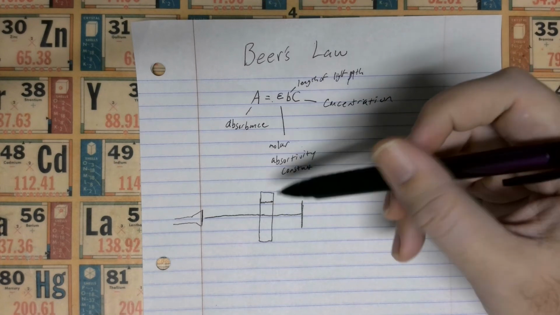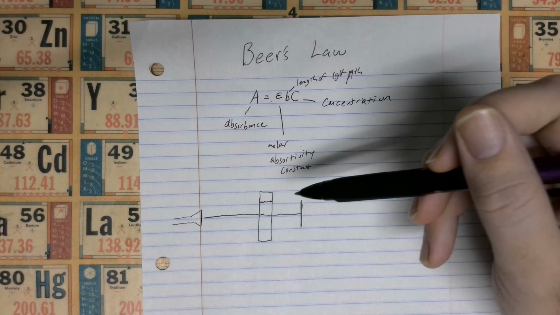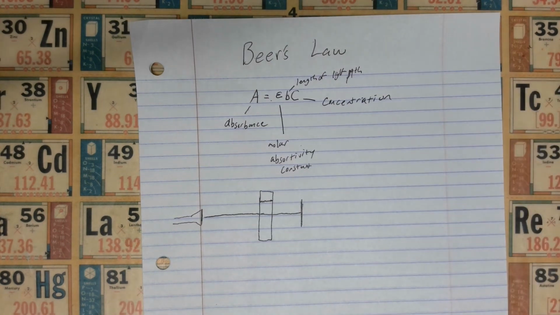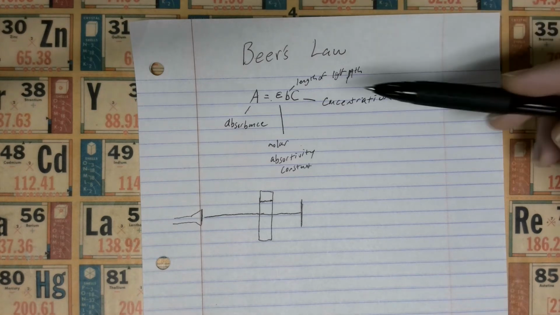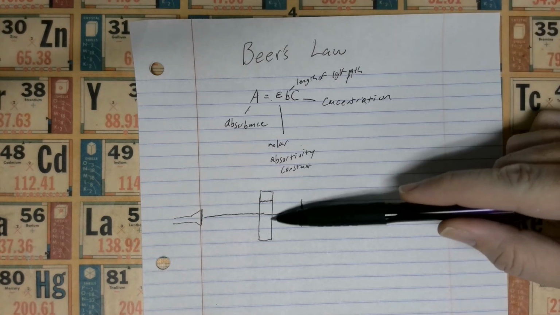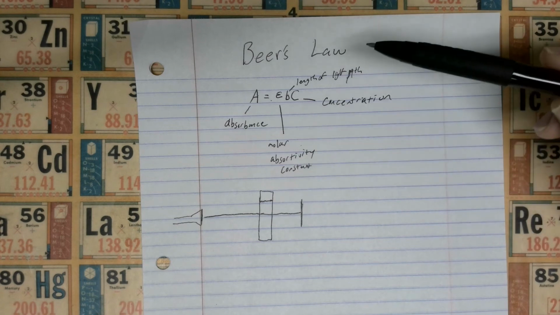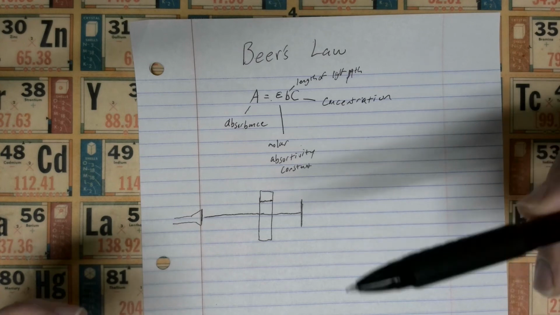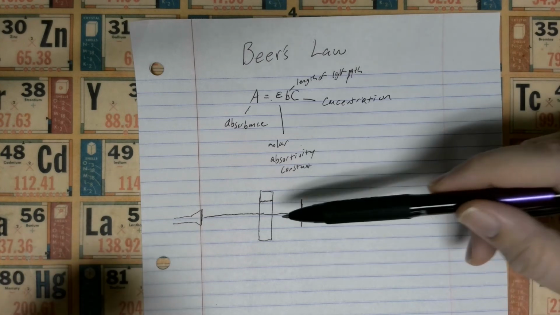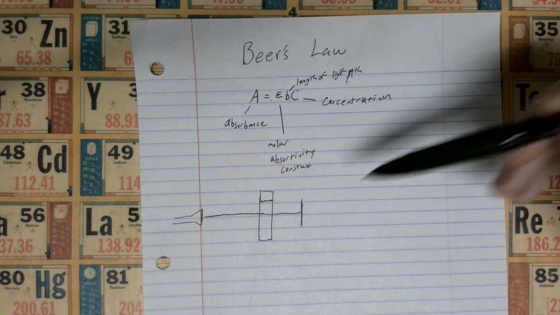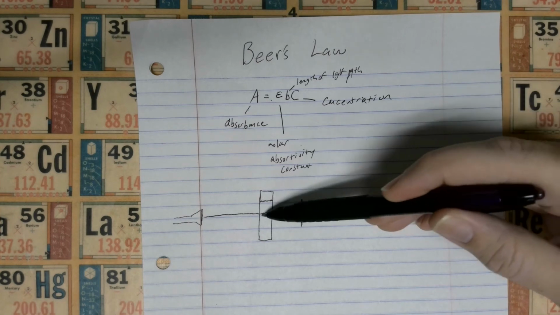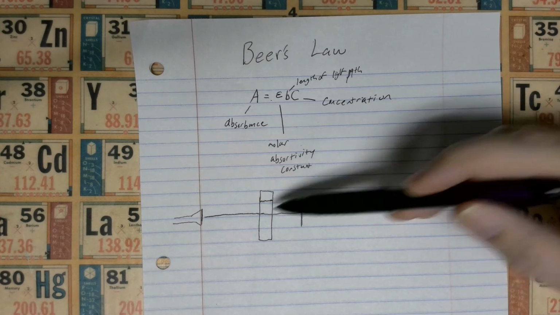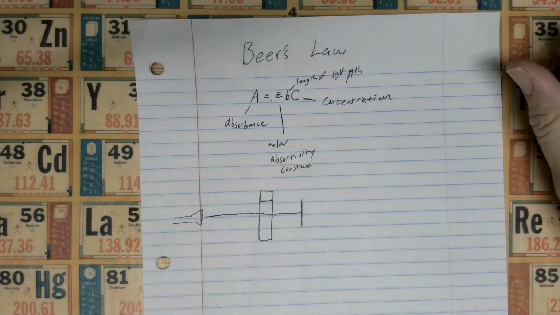So if you think about it, as concentration increases, this solution is going to get darker, and therefore be able to absorb more of the light until it gets to be almost black, and then you can't see through it at all, and it's going to absorb all the light. So this is going to detect less and less light getting through as we increase the concentration of the solution.